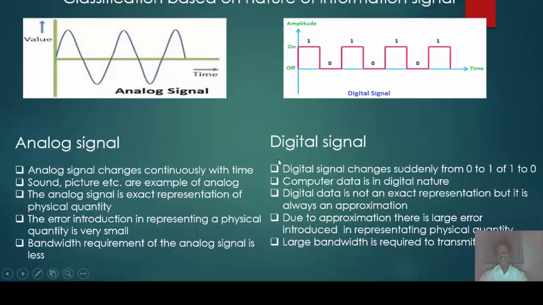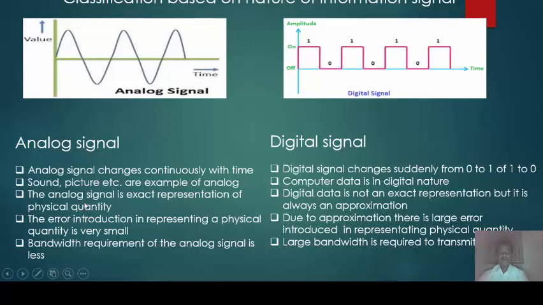Digital signals change suddenly from 0 to 1; the signal is either 0 or 1. There is a sudden change, not a continuous change. An example of a digital signal is computer data.